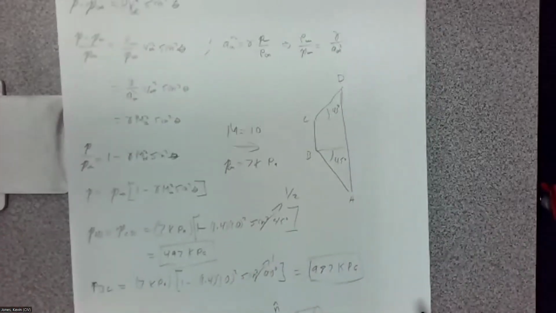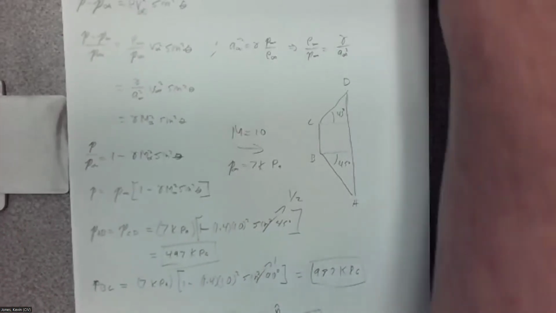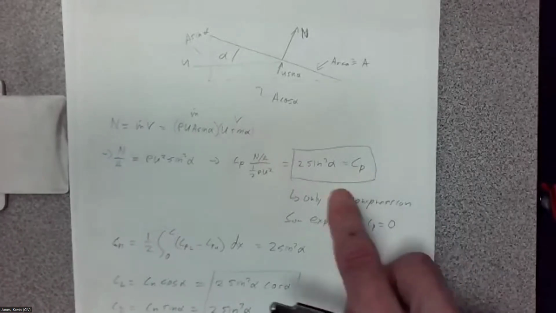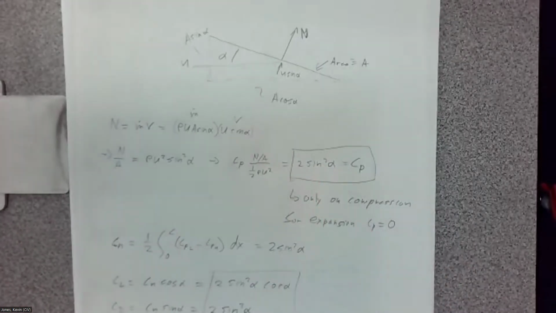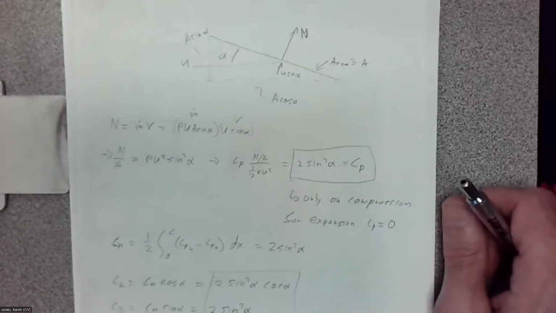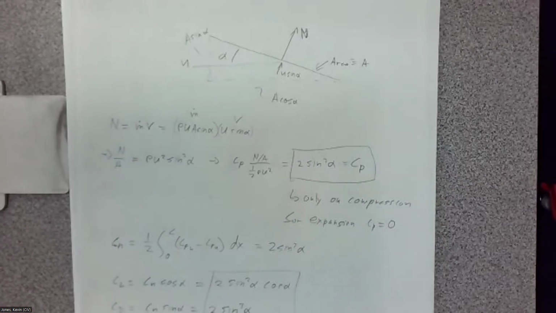So in our Cp is 2 sine squared alpha. If we imagine hitting a blunt body, so you've got a missile with a blunt leading edge, or I guess a reentry capsule, you've got a stagnation point coming up there.